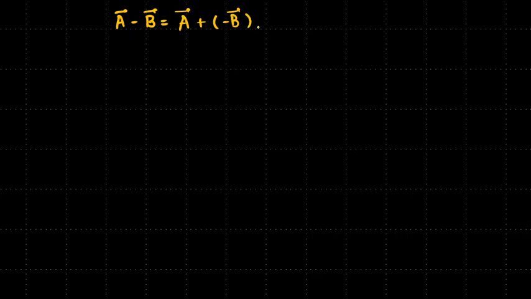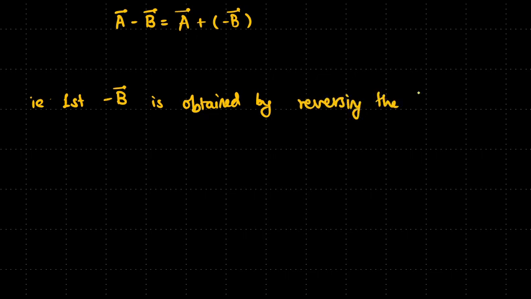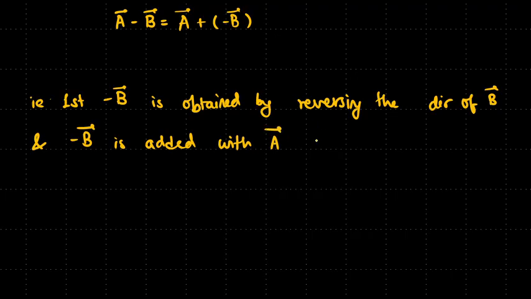So to understand this, minus vector B is obtained by reversing the direction of vector B, and minus vector B is added with vector A according to the law of vector addition.